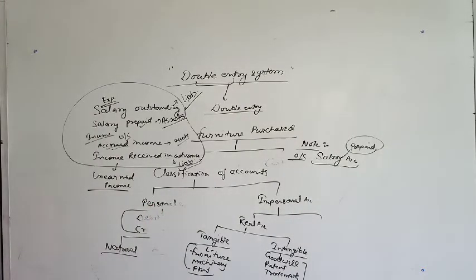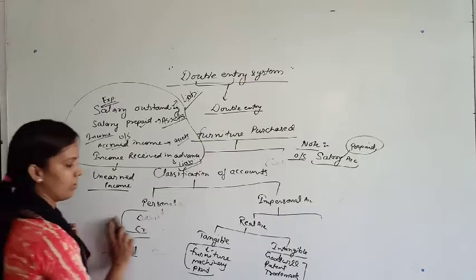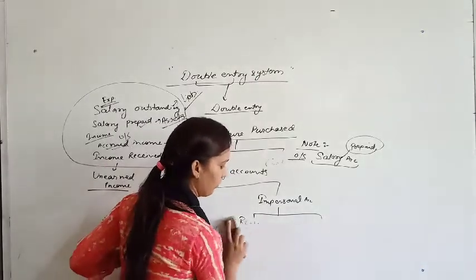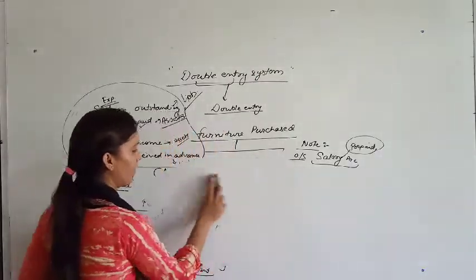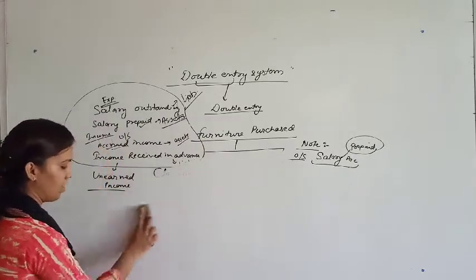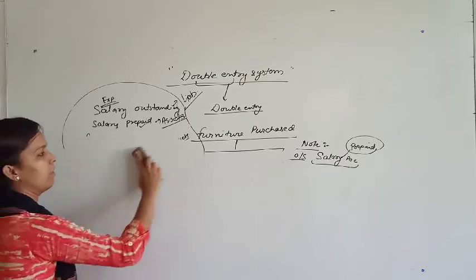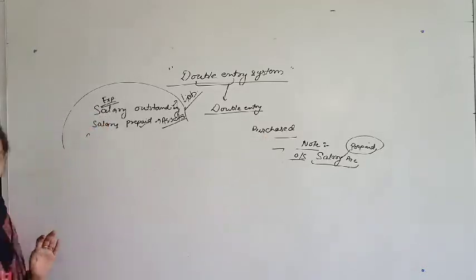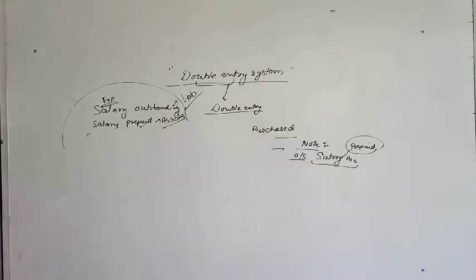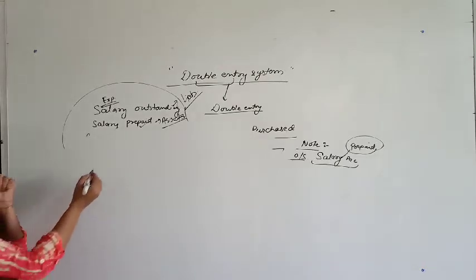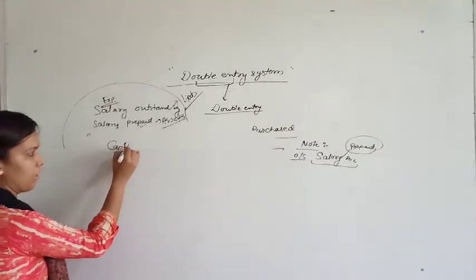So I am telling you some examples of how you will classify these in these three accounts. This is not too much difficult a point. Easily you can explain this. First is capital account.